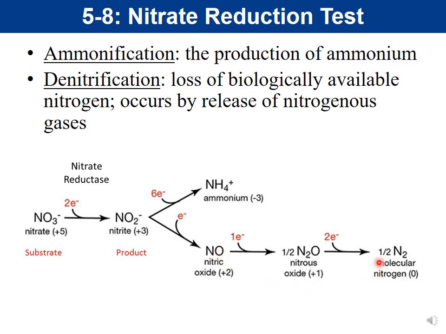And that denitrification is producing nitrogen gases. And so this is going to be the loss of biologically available nitrogen because it's going to be released as those nitrogen gases. But again, you don't need to memorize that NO is nitric oxide and N2O is nitrous oxide. Just know that these produce nitrogen gases.